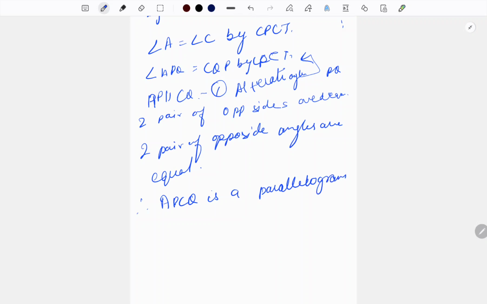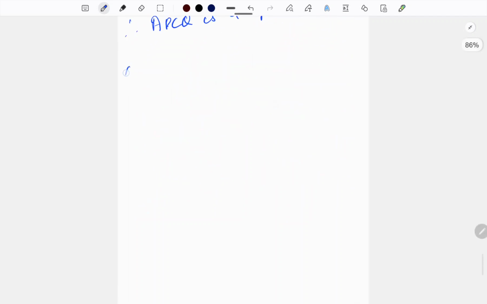Done. Question number 6. Given that ABCD is a parallelogram, AP and CQ are perpendiculars.